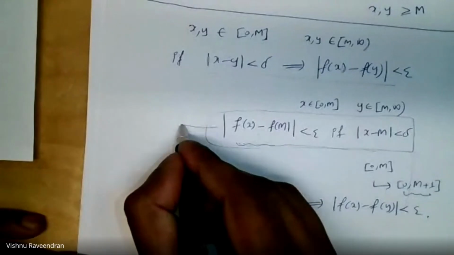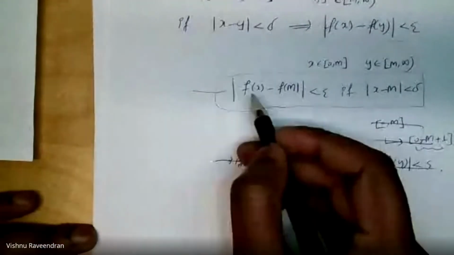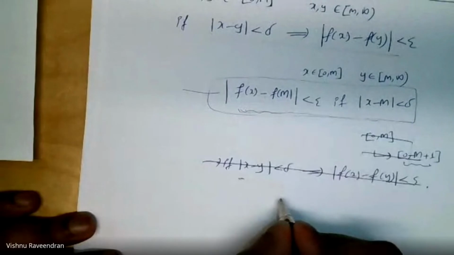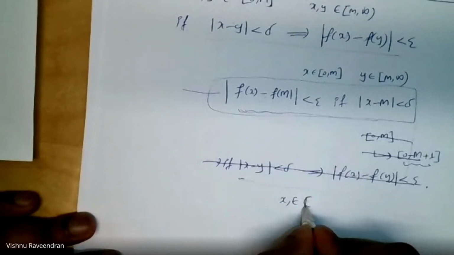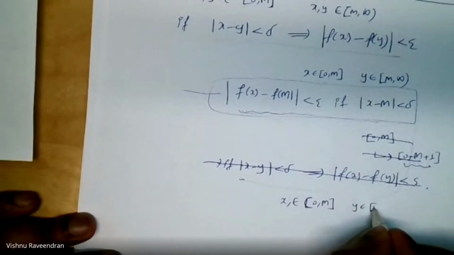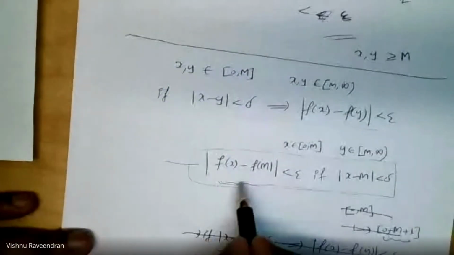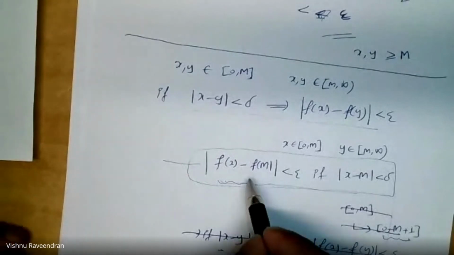So from here, forget about the second method. The condition says if x is between 0 and m and y is between m to infinity, and you know that f is continuous at m.